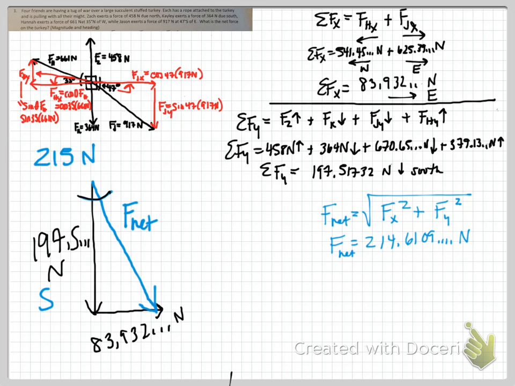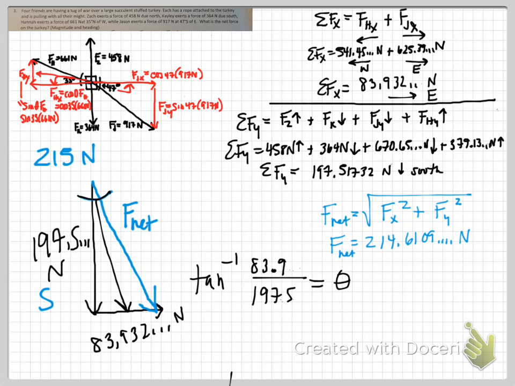If we're going to use this angle for our heading, we see that the x dimension is our opposite and the y dimension is our adjacent. So if we use tangent, opposite over adjacent, we'll take the tan inverse of our 83.9, etc., divided by 197.5, etc., equals theta.